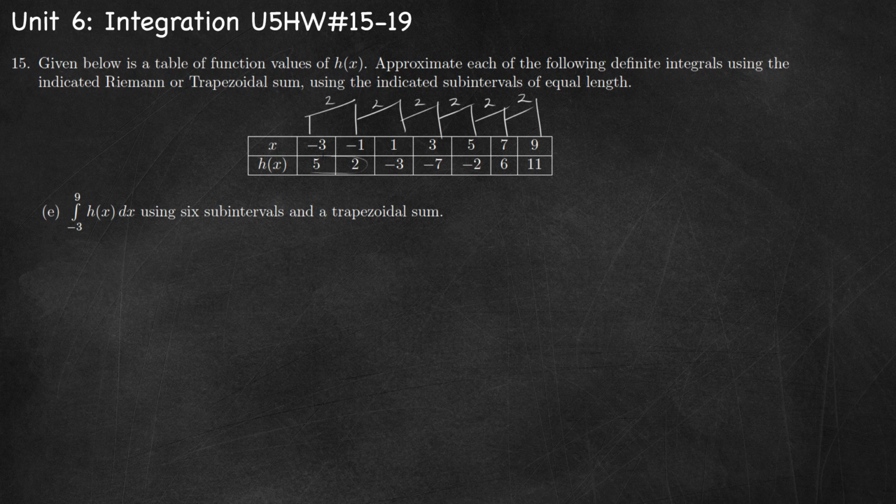And we're going to multiply that width by the average base. So for my first trapezoid, I'm going to average the 5 and the 2, and then multiply it by that width. So I get 7. For my next trapezoid, I'm going to average 2 and negative 3 and multiply by the width, and that's just going to give me negative 1 for the area of that trapezoid. Then for the next one, I'm averaging the negative 3 and negative 7, multiply by the width, and that's going to give me negative 10.